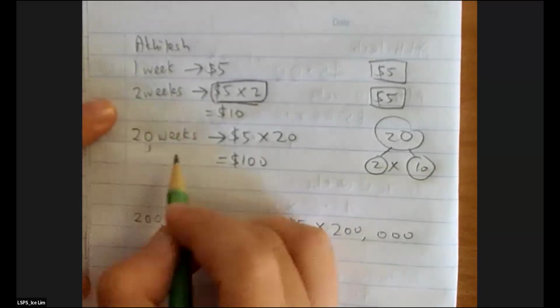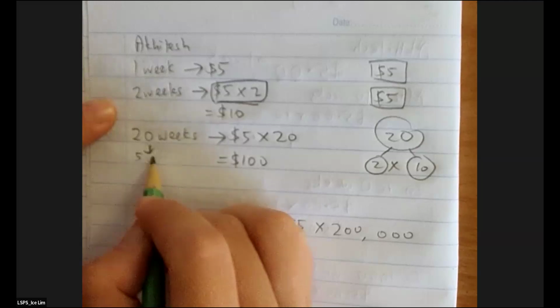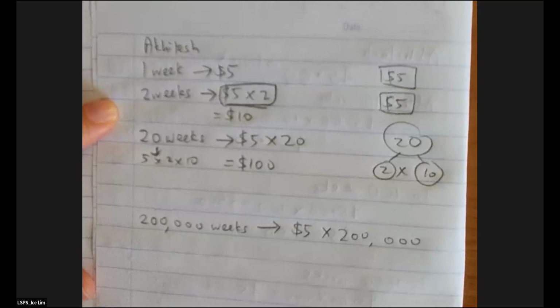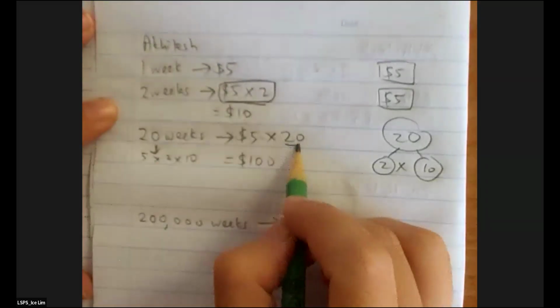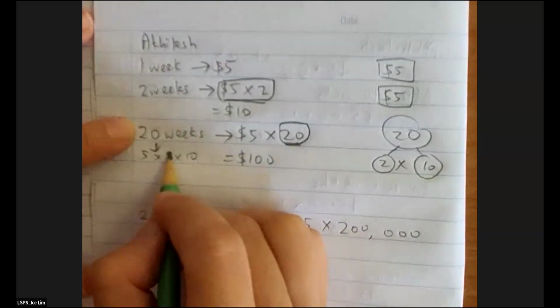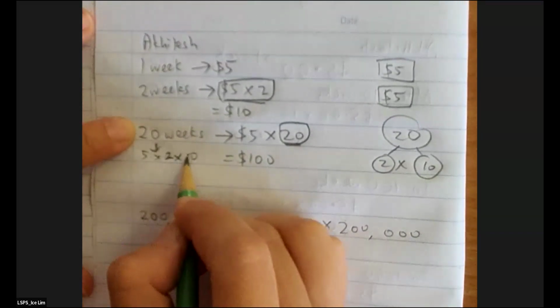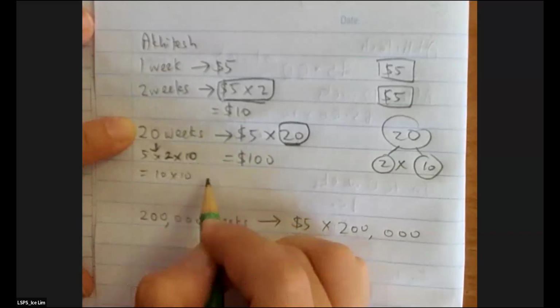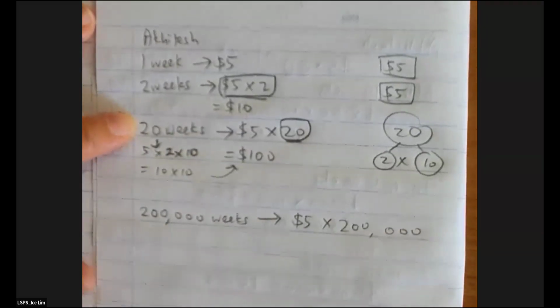Okay, so 20 weeks is 5 times 2 times 10. Look here. So I'm going to make 20 become 2 times 10. So it becomes 10 times 10, that's $100. Can you understand?